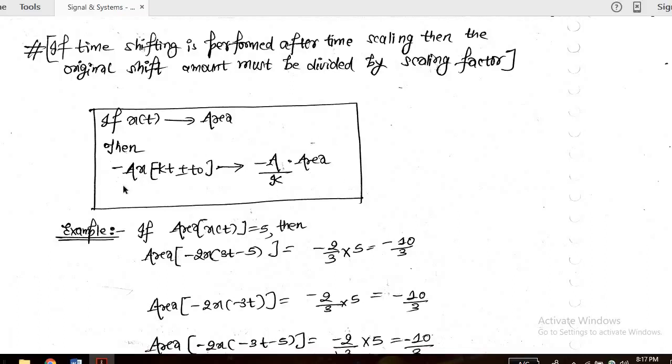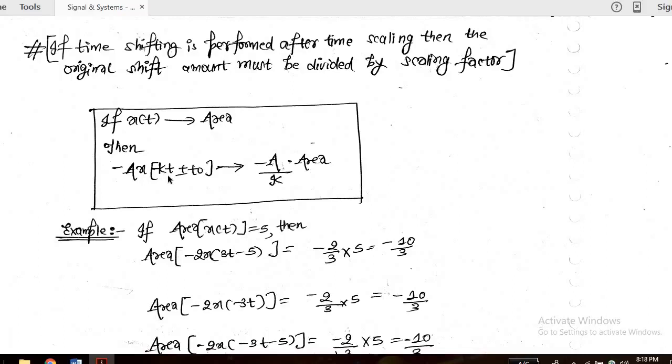If you see this signal, observe my mouse pointer carefully. Amplitude inversion, amplitude scaling, time inversion, time scaling, time shifting. Five different operations are performed on the same signal x of t. I already told you amplitude inversion changes the area by the same factor, hence minus comes here. Amplitude scaling changes the amplitude by the same factor, hence a comes here.